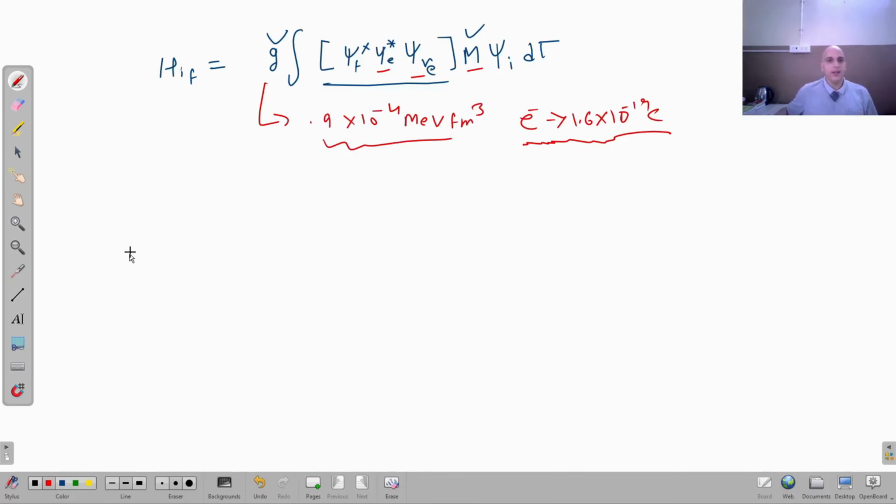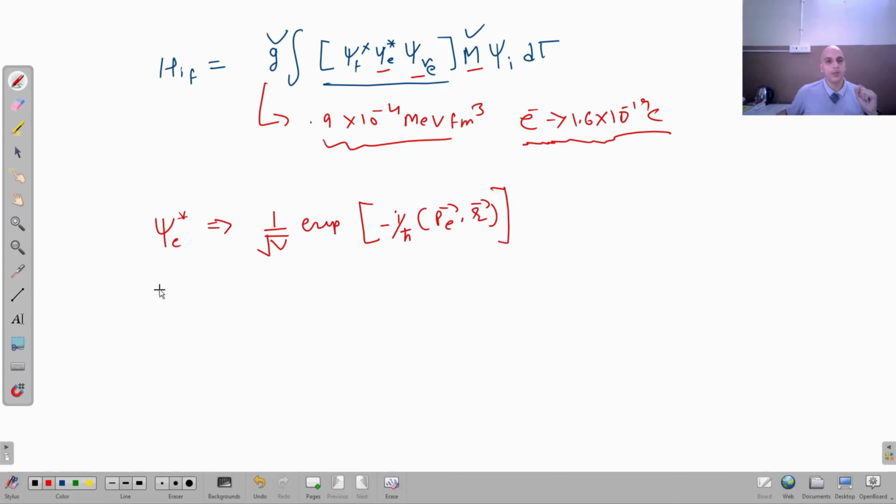We know very well from the knowledge of quantum mechanics that the wave function of electron, psi e star, will be written as 1 upon under root V, exponential of minus iota upon h cut into p electron dot r. This is the wave function of the electron.